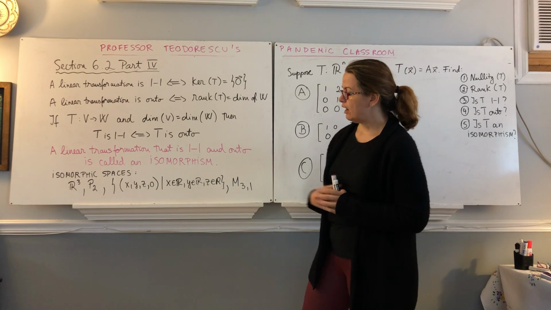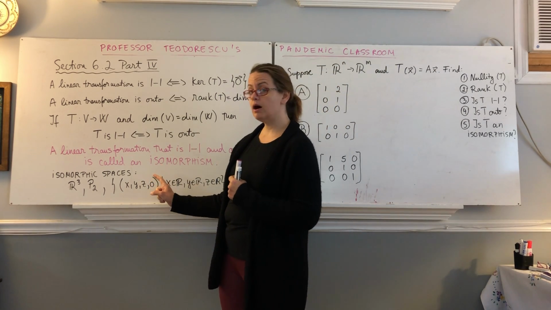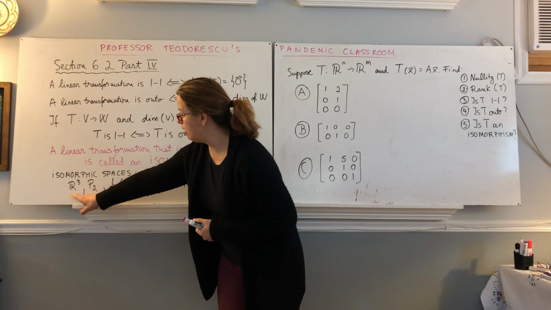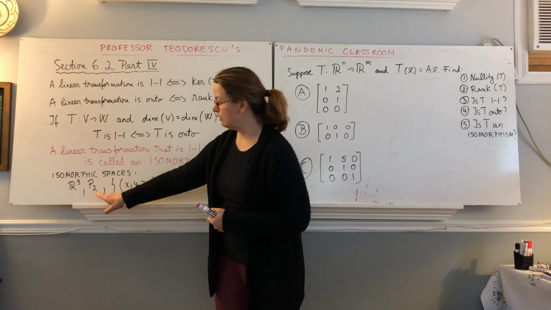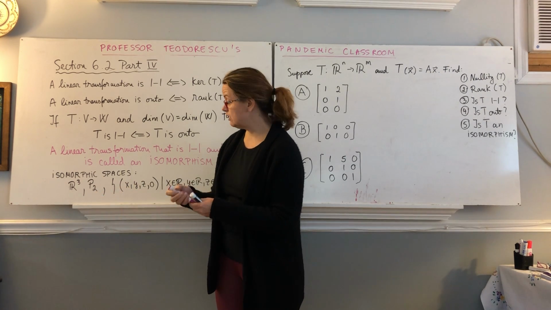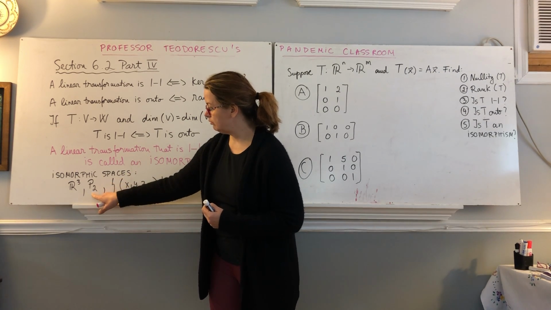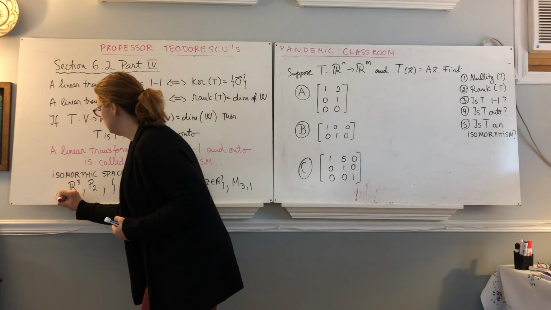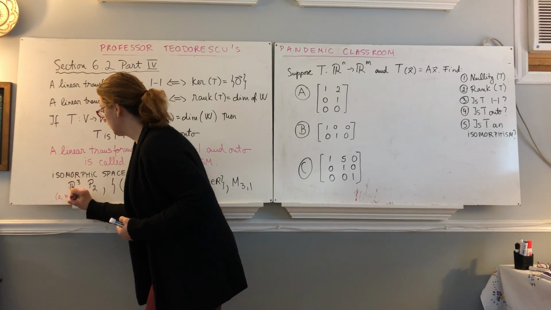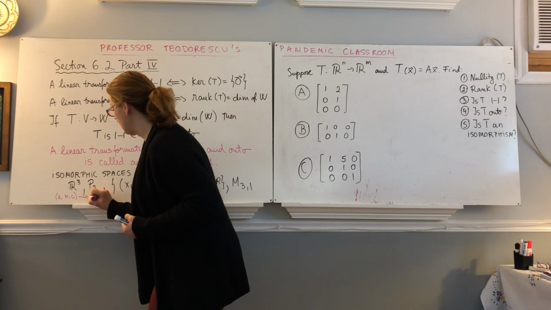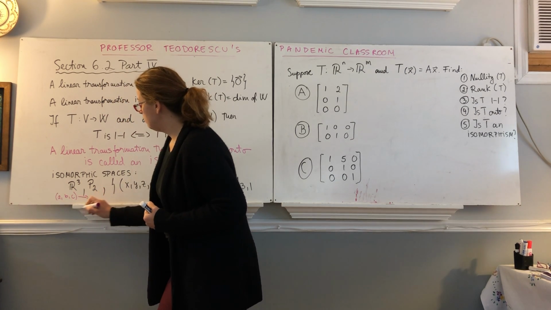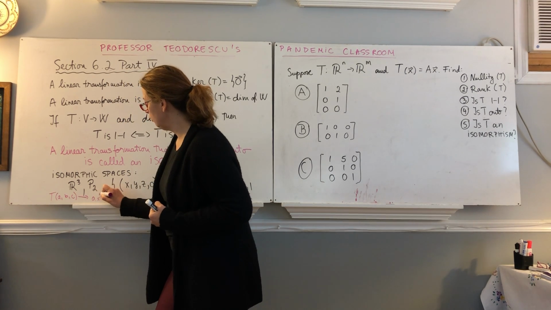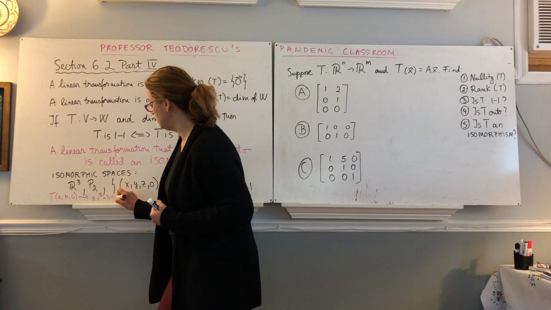We can come up with functions that take each element of R3 to the coefficients of polynomials in P2 by, let's say, taking vectors like a, b, c and assigning them the polynomial ax squared plus bx plus c.